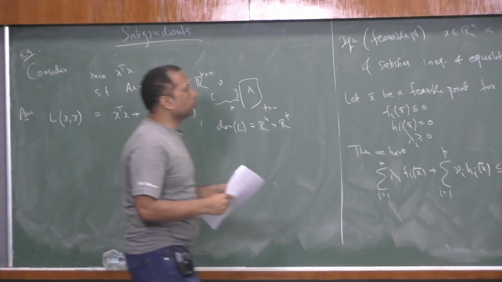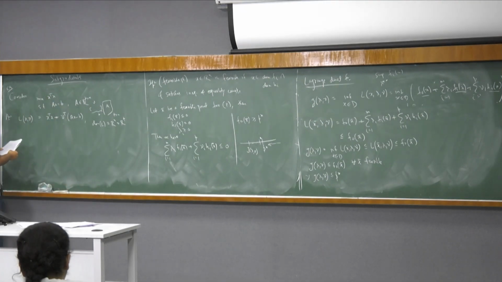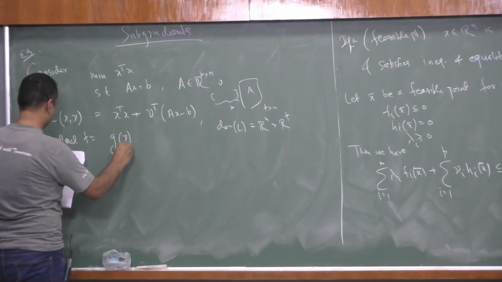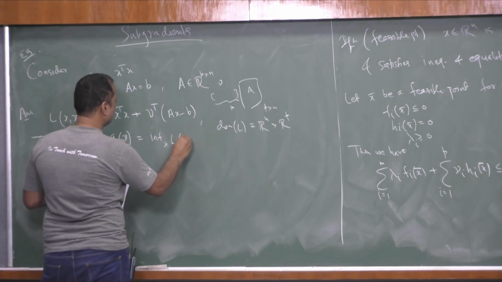Now we are supposed to infimize the Lagrangian. Okay, so the dual function g of nu is given as the infimum over x of L of x, nu.